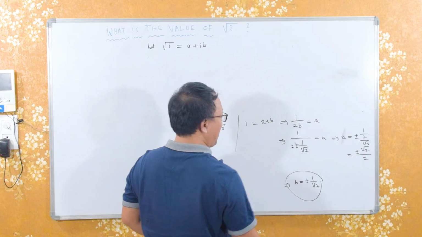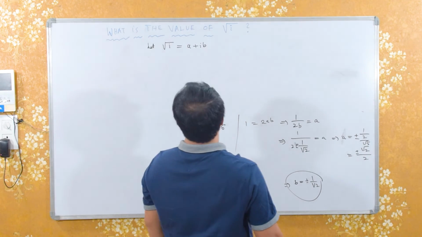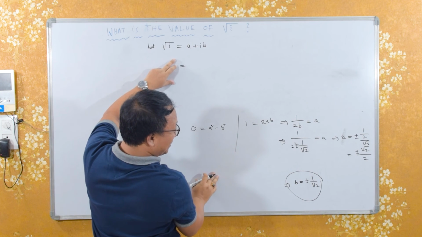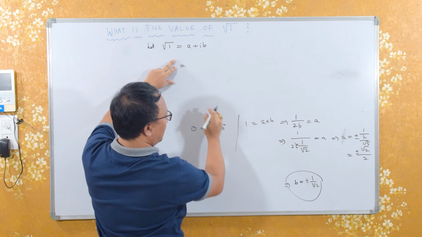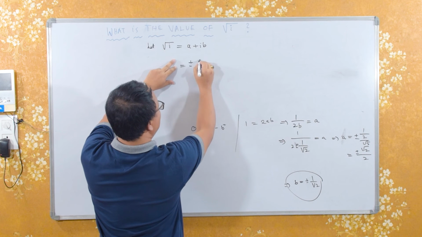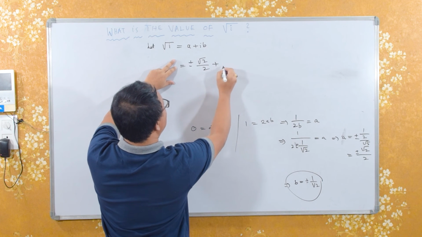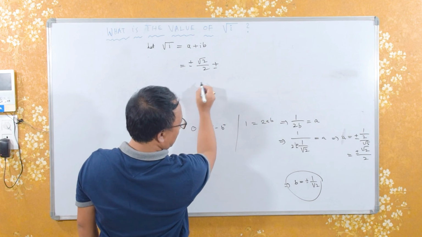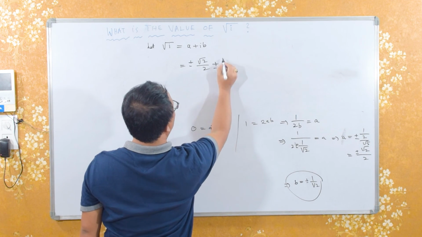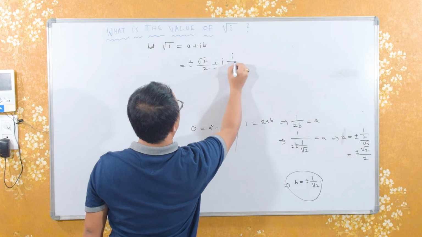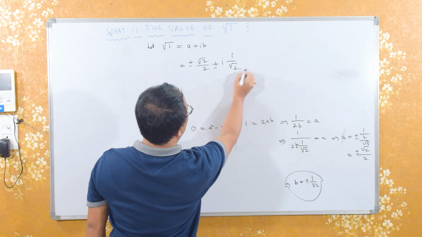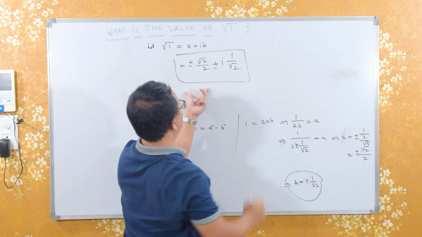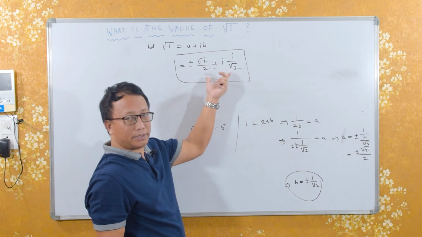This is the value of a. Okay, substitute over here: a is ±√2/2 plus, what is b? b is ±i/√2. Or otherwise we can generalize this by taking the LCM.